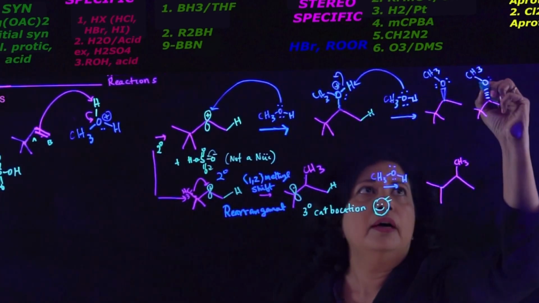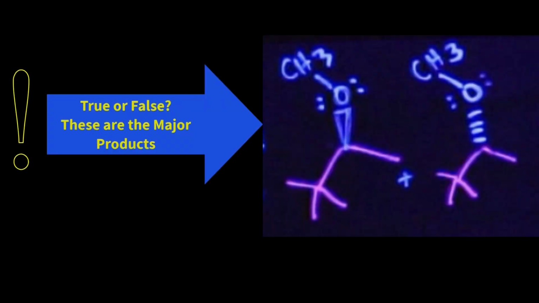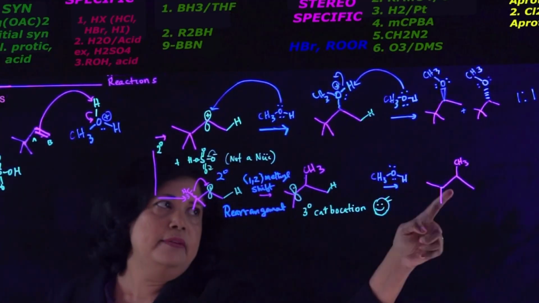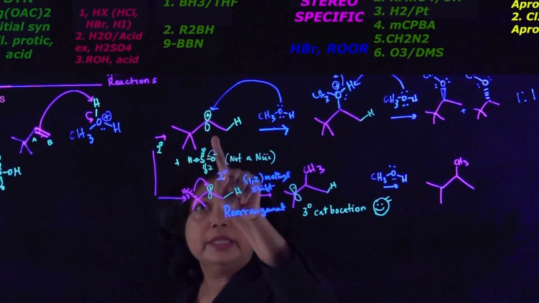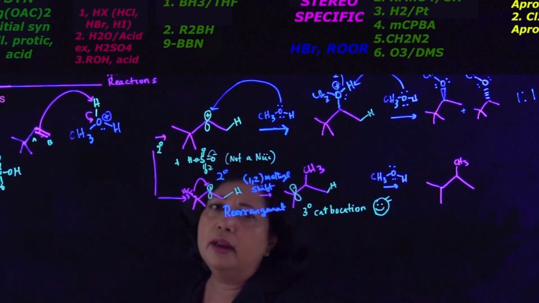Therefore, both are equally likely to form in a racemate. Now, we did a rearrangement here, and we said that was the major product. Again, same thing as before, the secondary carbocation. If we can rearrange to a tertiary, why not? It's going to do it.